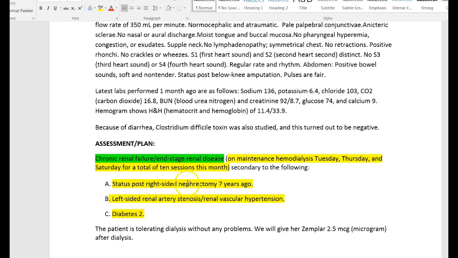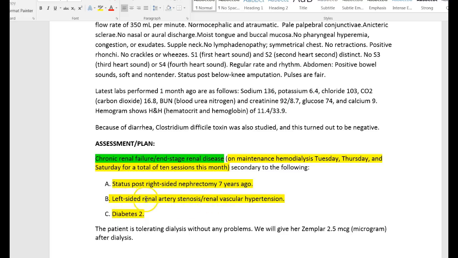And as you know, renal is another medical term for kidneys, and so is nephro. So even though we have nephrectomy here and renal artery stenosis here, we're still dealing with situations related to the patient's kidneys or chronic renal failure.